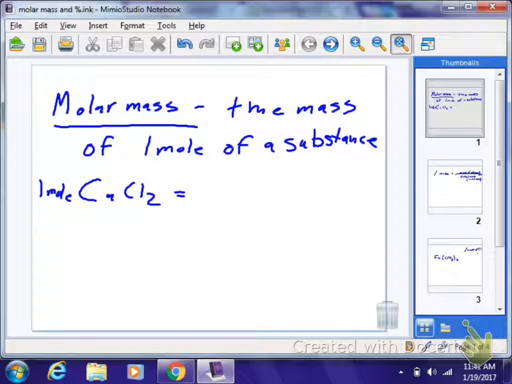But what we're going to be talking about today is molar mass. And molar mass is the mass of 1 mole of any particular substance. Okay, so can you tell me, you guys need your periodic tables out.